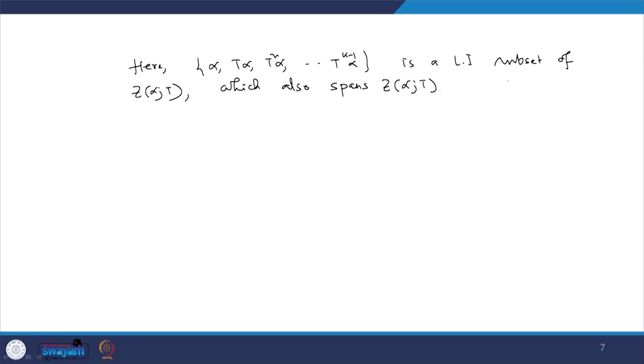So, this one also I am giving as homework, you can check that this is a basis for the subspace z alpha t.